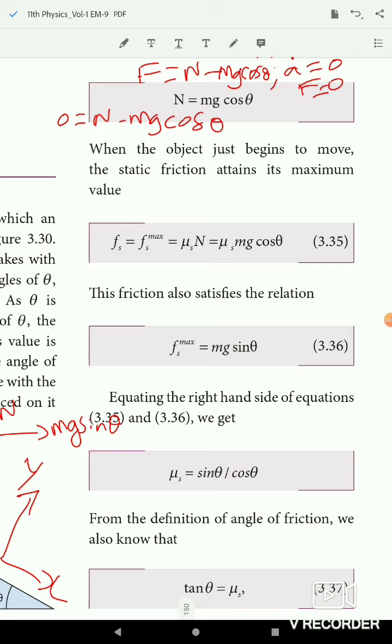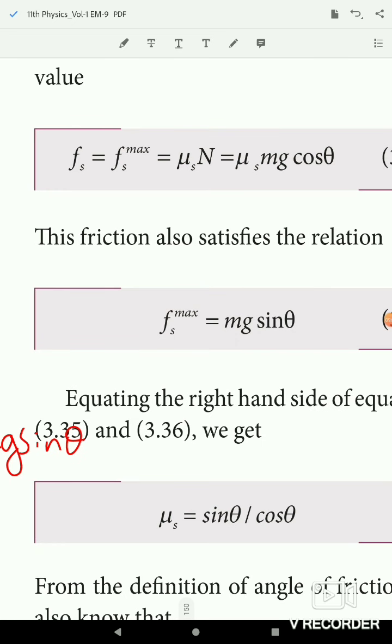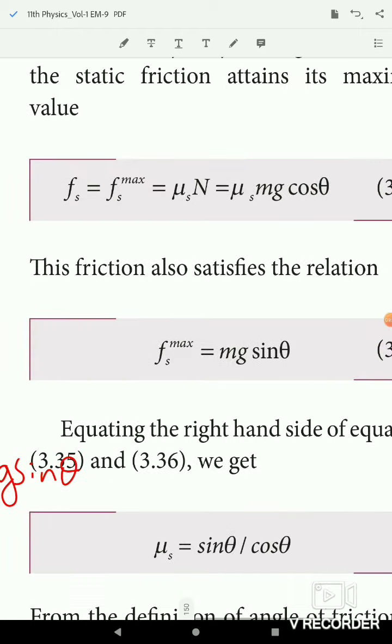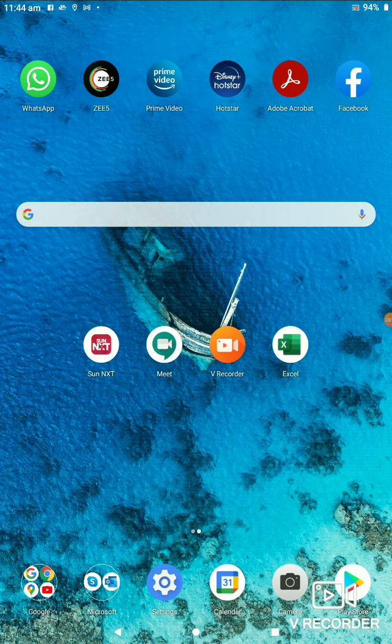So you write this equation: fs maximum equals mu s mg cos theta. Equate it with the other equation, substituting the fs maximum value.